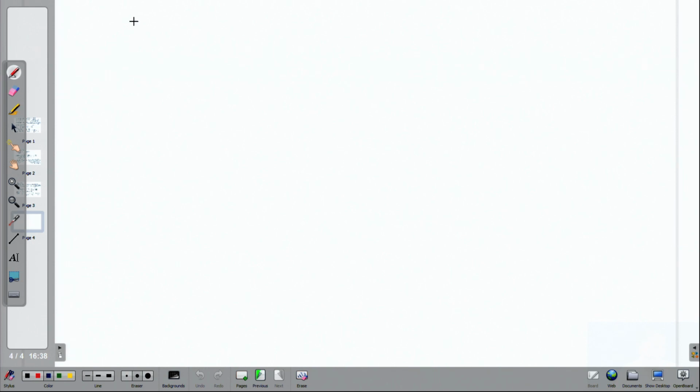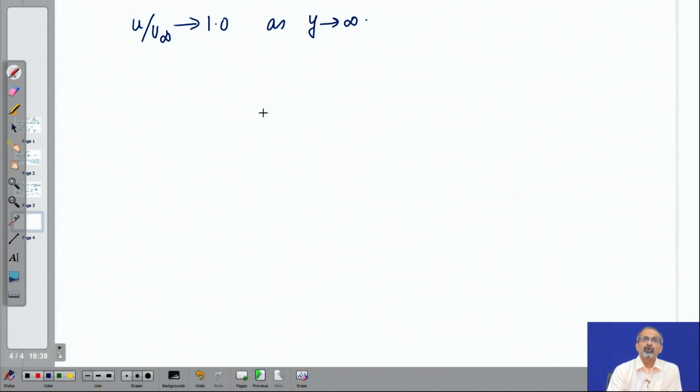Now, we already said before that u by u infinity approaches a value of 1 as y tends to infinity. But for practical purposes, it is customary to select the boundary layer thickness as delta at a point where u by u infinity is approaching a value of 0.99.